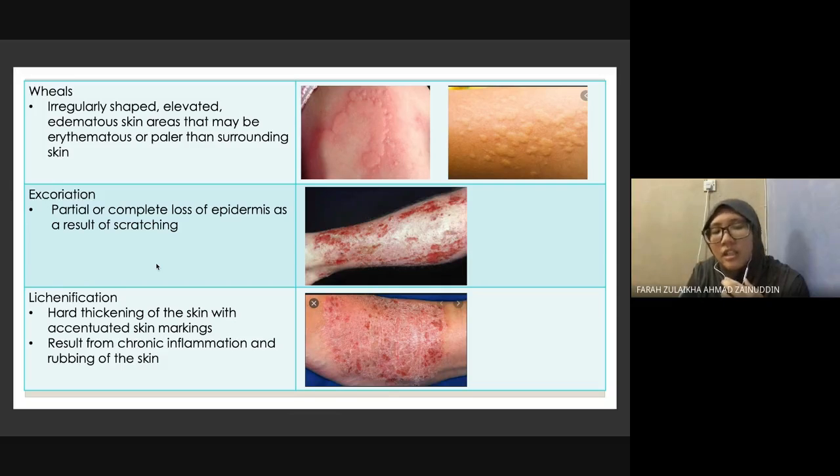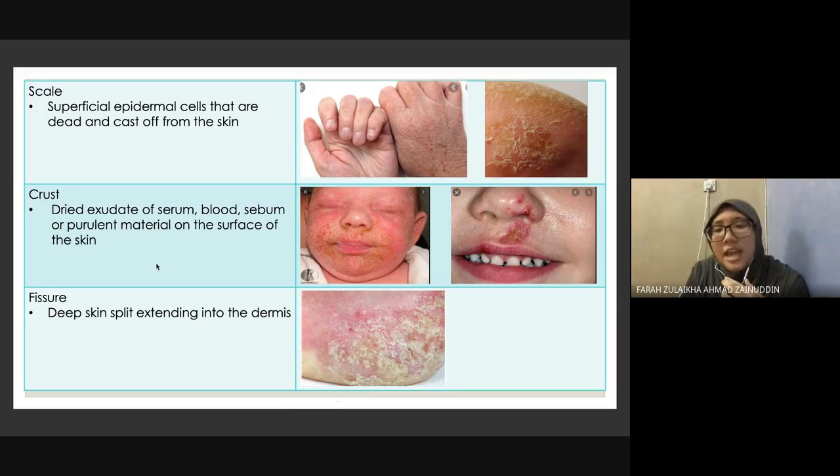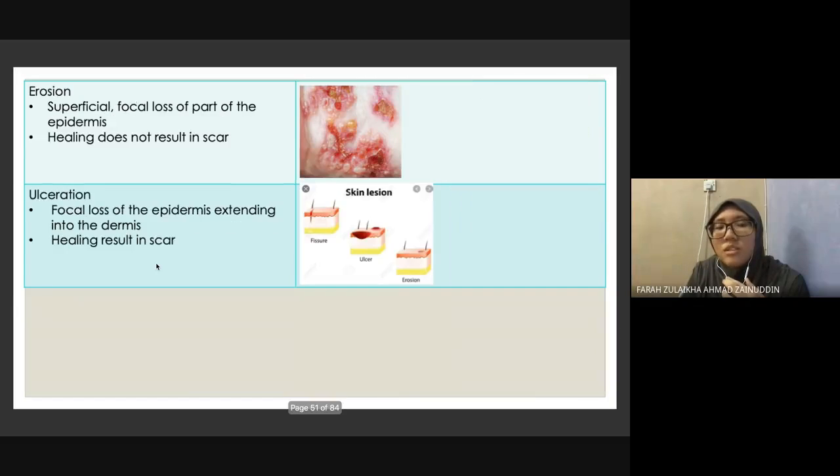It is hard thickening of the skin with skin markings. Next is scale, superficial epidermal cells that are dead and cast off from the skin. Then crust, which is due to dried exudate of serum, blood, sebum, and purulent material. And fissure is a deep skin split extending into the dermis.